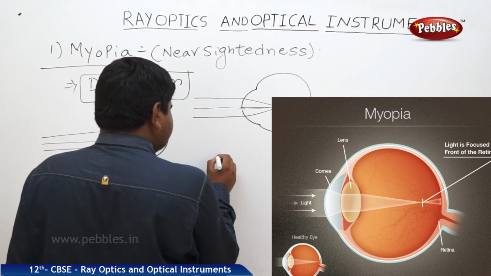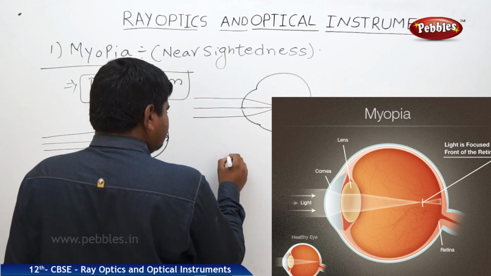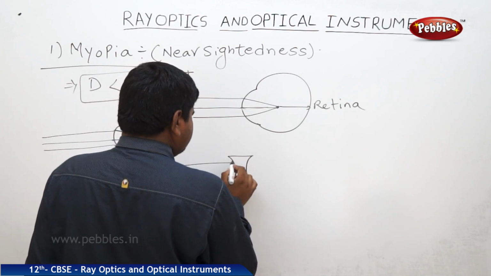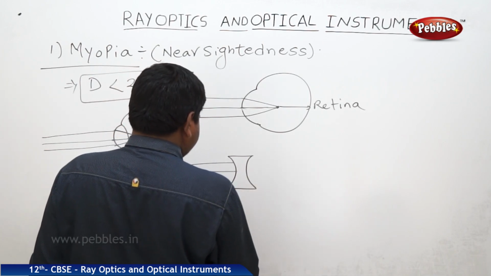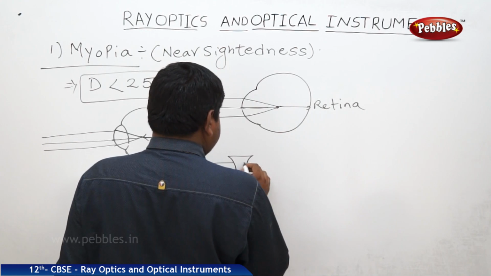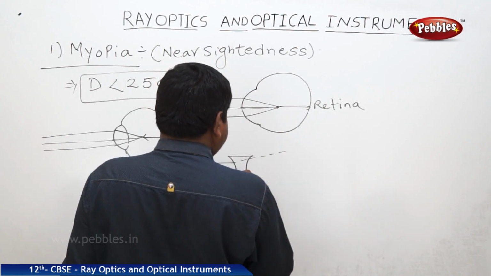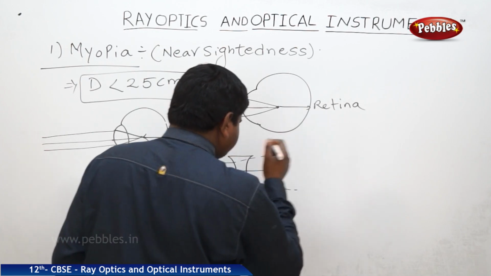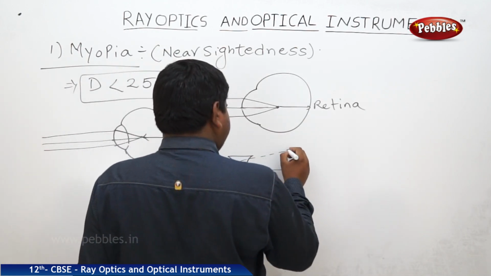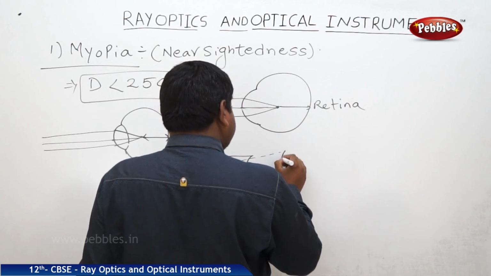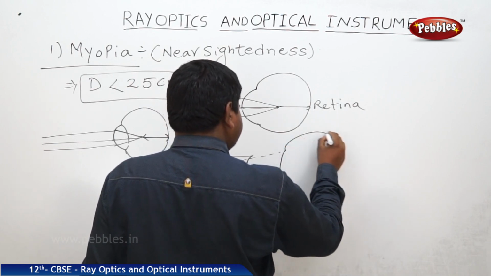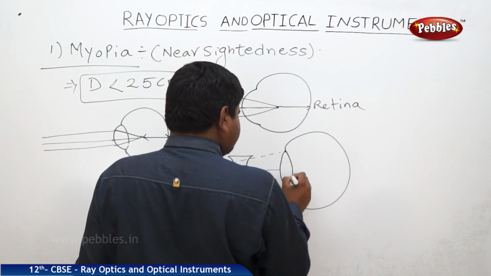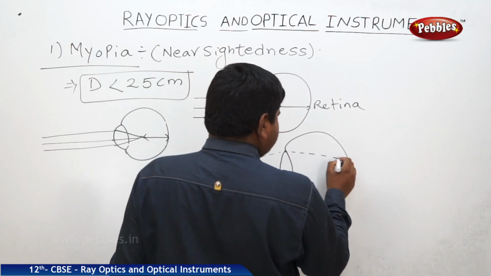We should arrange a biconcave lens, then it falls on the crystalline lens which is convex, then they converge.